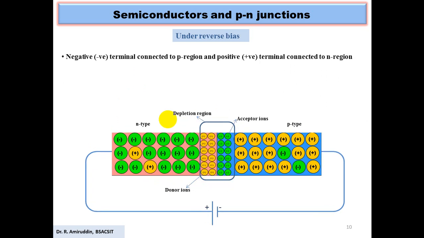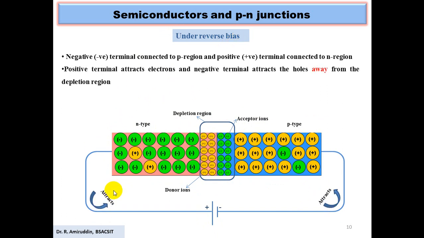Now the reverse case, where the negative terminal of the battery is connected with the P-type semiconductor and the positive terminal of the battery is connected with the N-type semiconductor. Such a condition is called reverse bias, and during this condition unlike charge carriers attract.